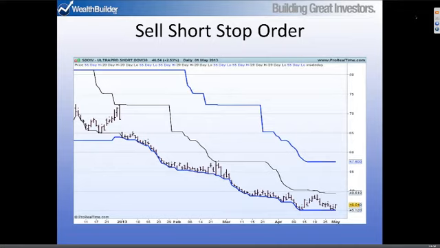If you get a huge amount of slippage, you would want to contact your broker and ask why you had such a bad fill, and ask if other trades were filled poorly also. Sometimes you can get them to cut you a break, sometimes you can't. All right, so that is the sell short stop order.